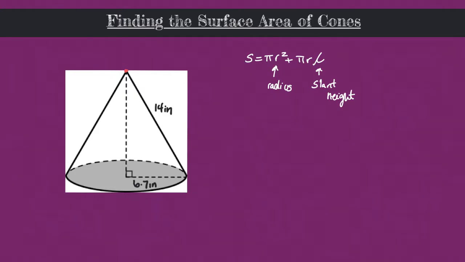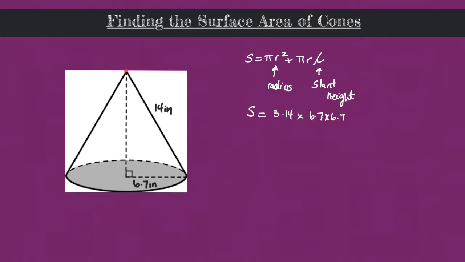Now, in this case, all you have to do is go ahead and plug in the values given into our formula. So we are told that S, which we don't know as we're finding it, is equal to pi, which is 3.14 in this case, times r squared. And r squared is simply radius times radius, so it's going to be 6.7 times 6.7.